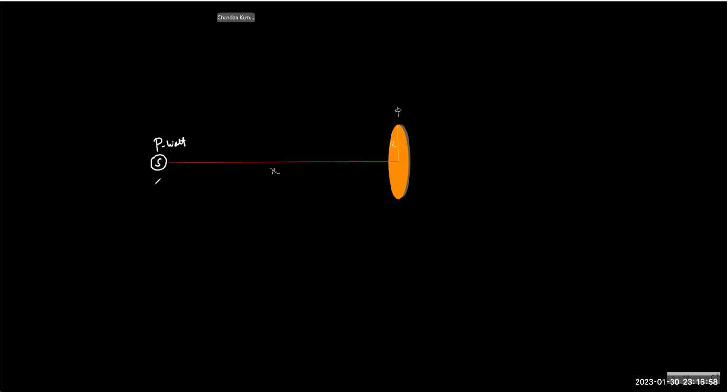And let's say it is emitting monochromatic light of frequency nu. So the number of photons emitted per second N is P in watt upon h nu, right? Yes, sir. Now out of these many photons, how many photons will reach this disk?